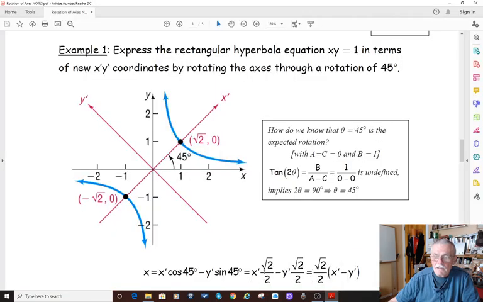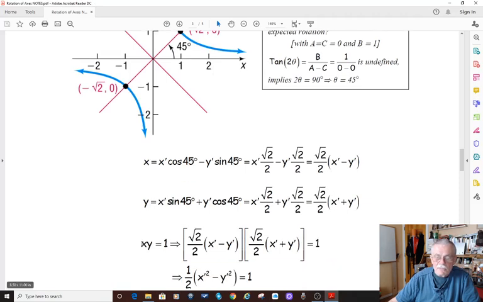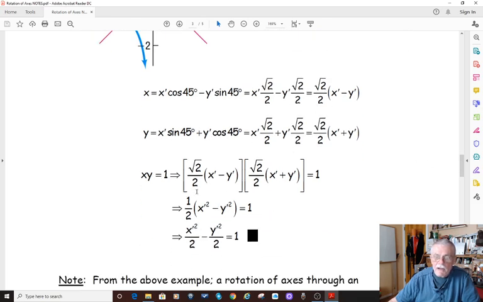Okay, so I'm going to multiply these two, because the expression says xy equals 1. Here's the x, here's the y. You multiply them out. Rad 2 over 2 times rad 2 over 2 is rad 4 over 4, which is 1/2.